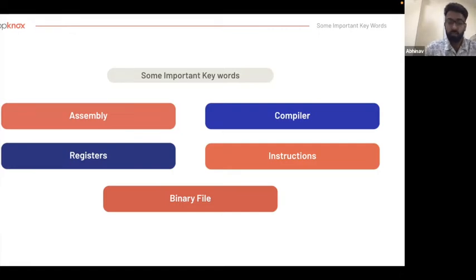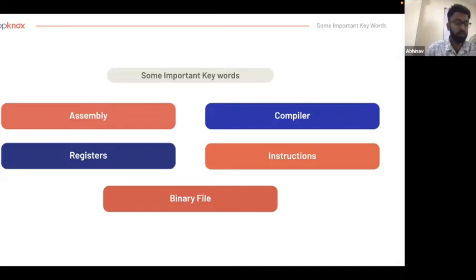The second term that we are going to come across is a compiler. A compiler is a piece of software that converts the high level code that we write into the binary data that I just explained, that is, it converts it into that executable format. That is the role of the compiler.